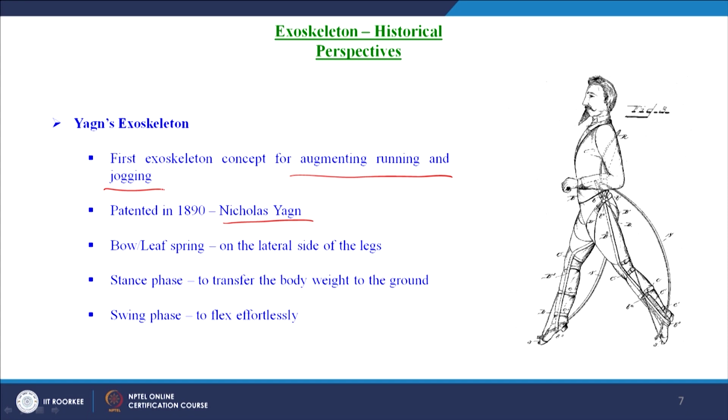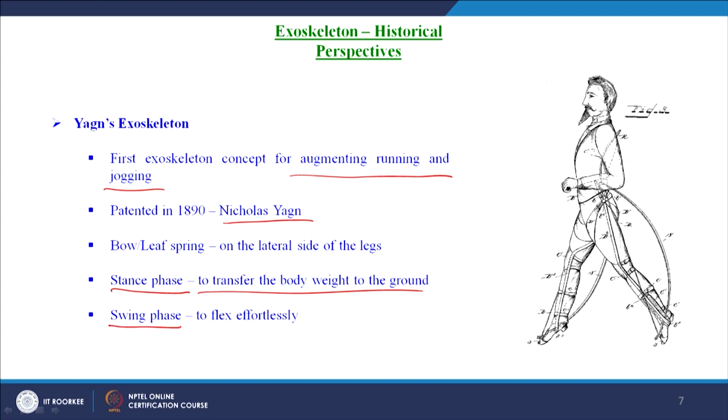This is basically two bow leaf springs attached on the lateral sides of the two legs, so that in the stance phase the exoskeleton spring is helpful to transfer the body weight to the ground, so that the user does not have to bear the weight of the body.